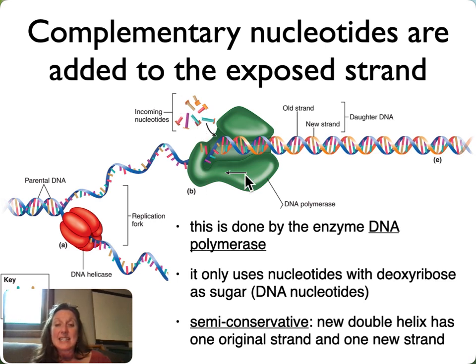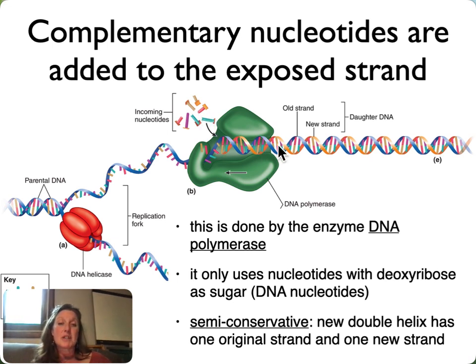That means that this enzyme can tell what sugar that nucleotide is made with. And if it's made with ribose, which is RNA, it doesn't want it. But if it's made with deoxyribose, it'll take it. And whatever is exposed on the original strand, it will look for the complementary nucleotide and put them together.